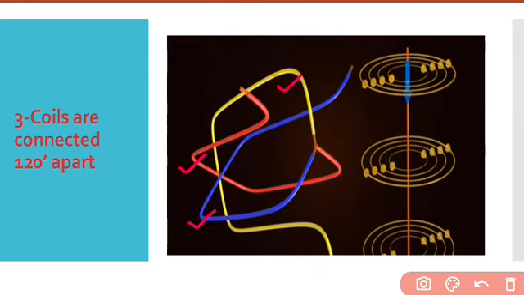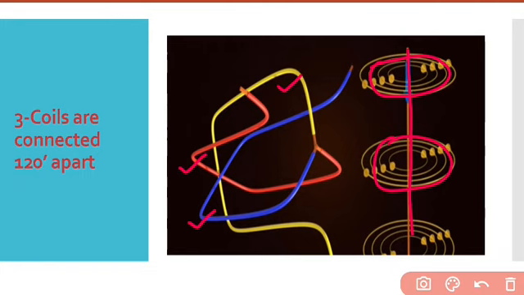This wire we can consider as a current carrying wire. A wire carrying current produces a magnetic field around it.